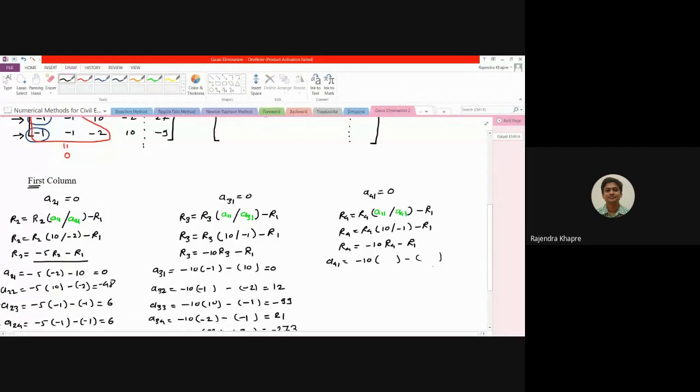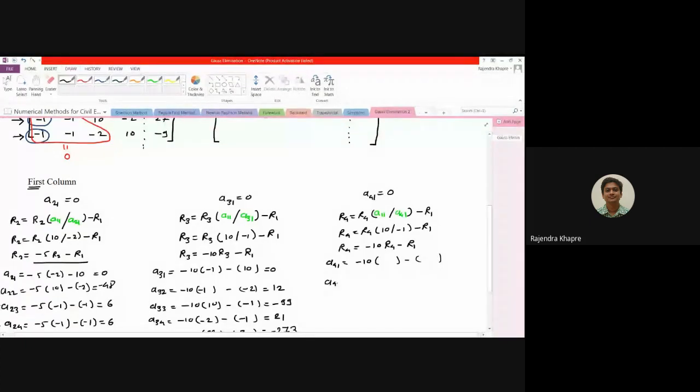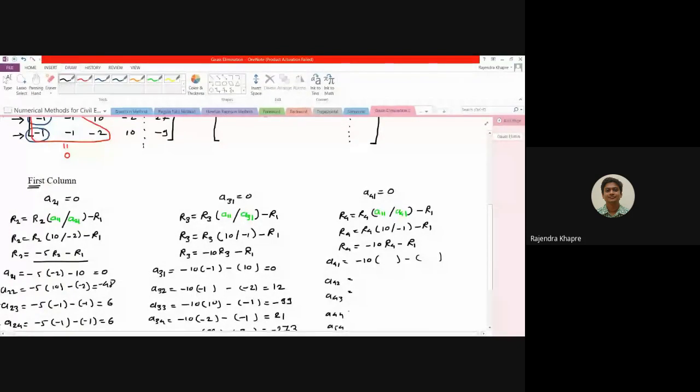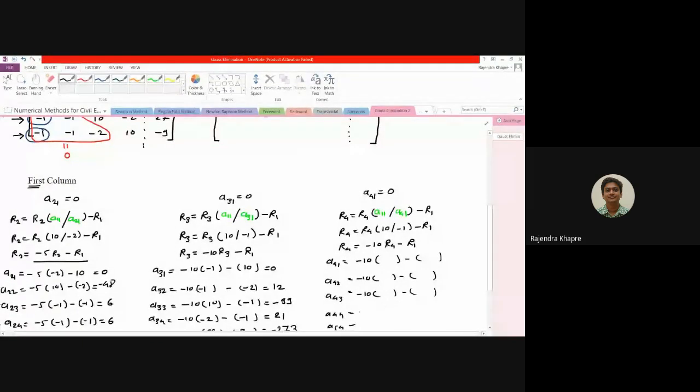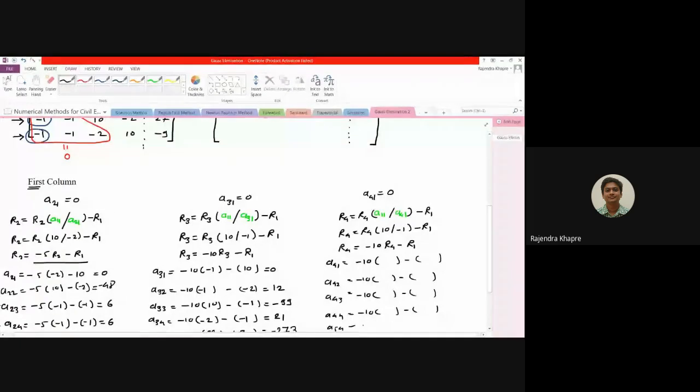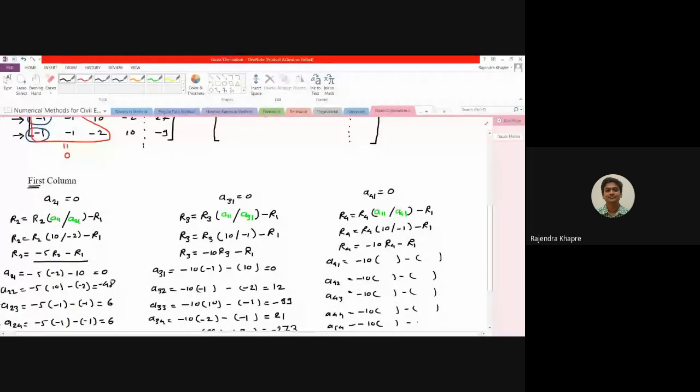Let me write down all the values: A42, A43, A44 and A45. Each will be minus 10 into this minus this.